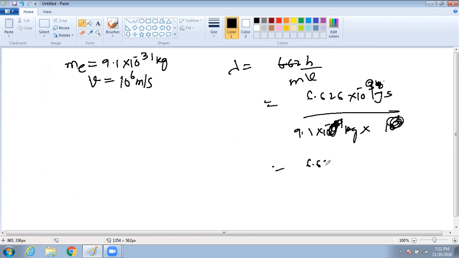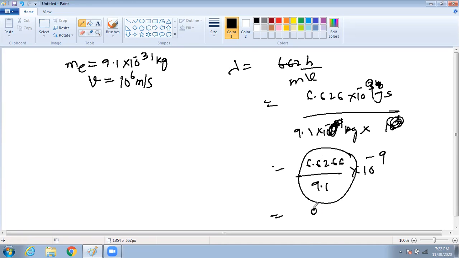So 6.626 divided by 9.1 into 10 to the power minus 9. That comes to 0.73 into 10 to the power minus 9 meter. If you want to write it, it will be 7.3 into 10 to the power minus 10 meter.